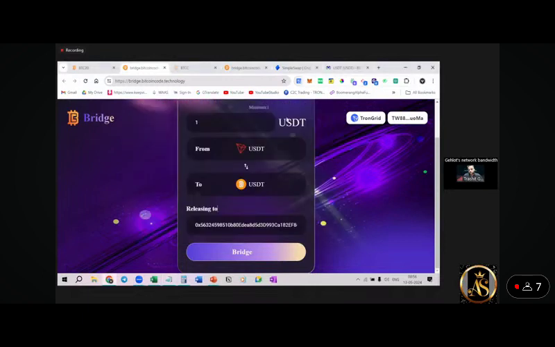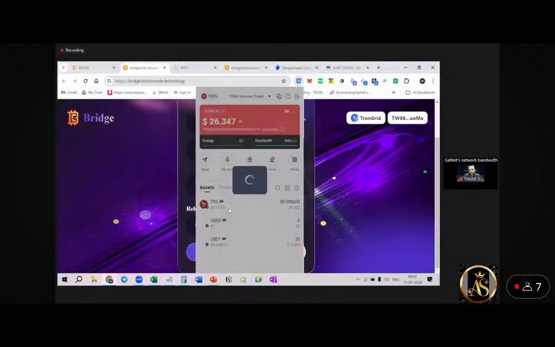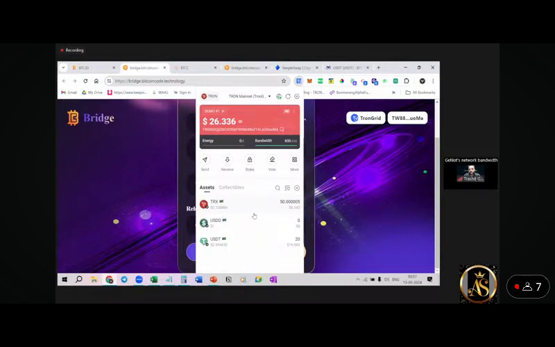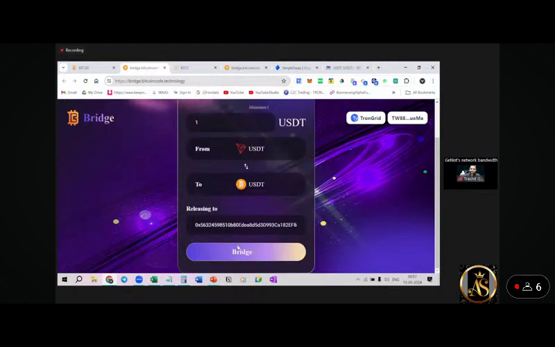On my Tron wallet, as you can see, I have almost 50 Trons available for gas fees that will be deducted from the Tron side, and I'm transferring $20. As you bridge in, fees will be deducted at both blockchains, in Tron as well as when the USDT is delivered to your MetaMask wallet. There also you will not get the exact USDT; some USDT will be charged.